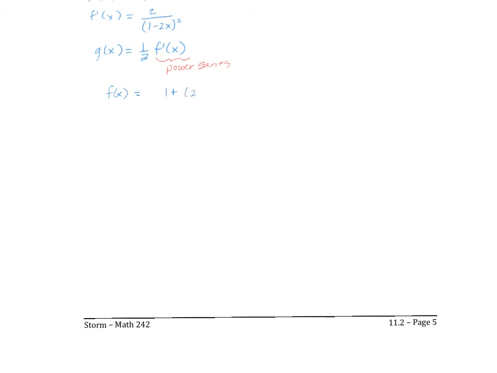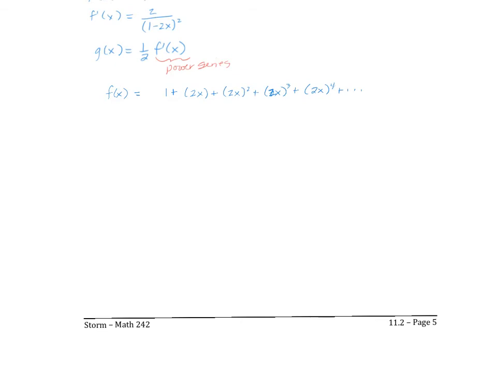I'm going to leave parentheses around the 2x. Plus, if k is 2, I have 2x squared. Then 2x to the third. Sorry, I can't do math. Plus, I'll go one more, 2x to the fourth, and so on. So that's the pattern if I were to expand out the power series for f of x.